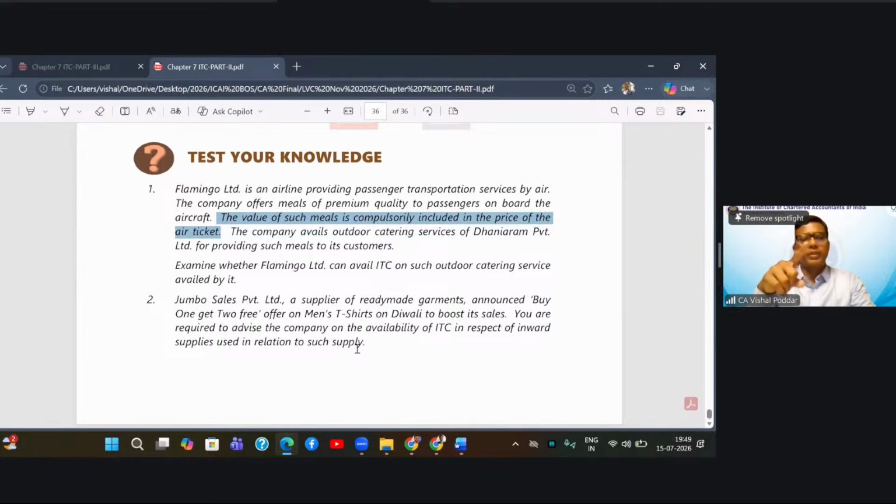However, you have to note that there is Circular number 92 of the year 2019, which has clarified that in such cases, wherever any business gives any such type of schemes or offers, it will be presumed that it is not given free. The two t-shirts are not given free. Rather, the price which I'm quoting for the first t-shirt is presumed to include the price of the other two t-shirts.